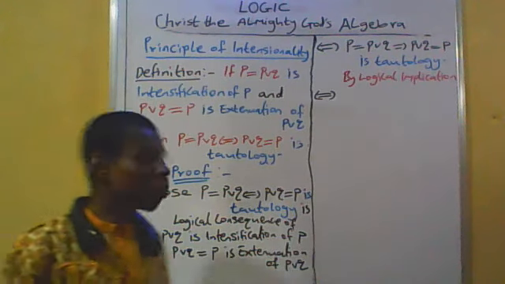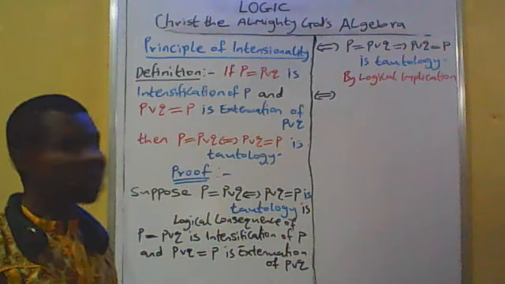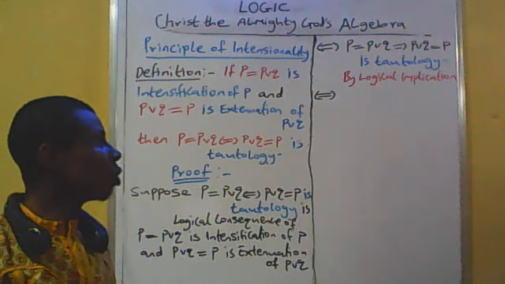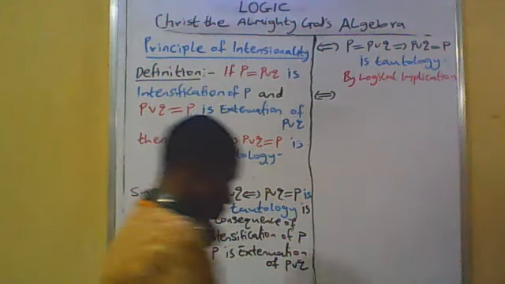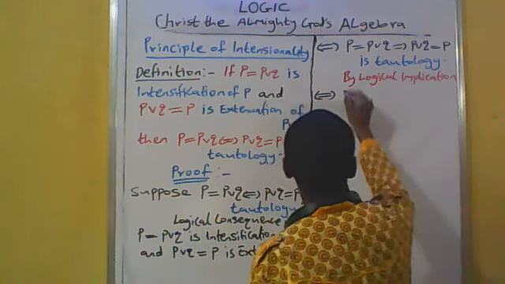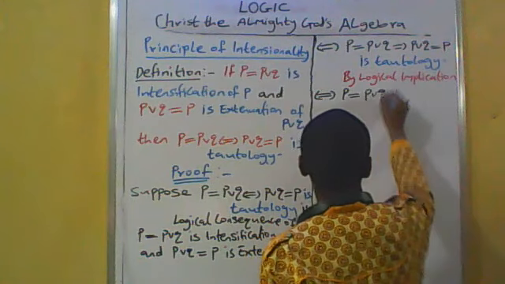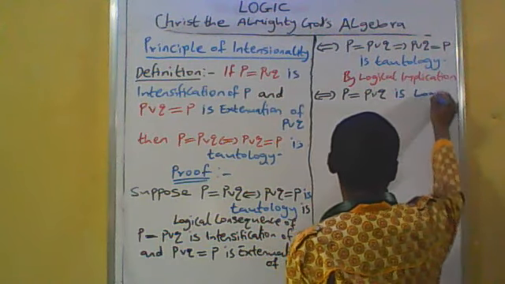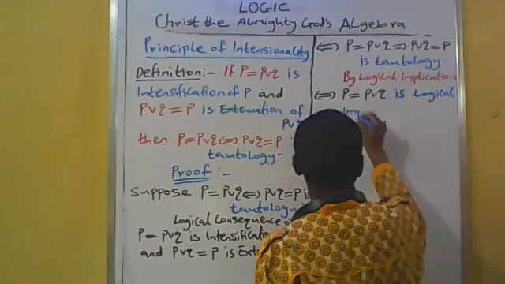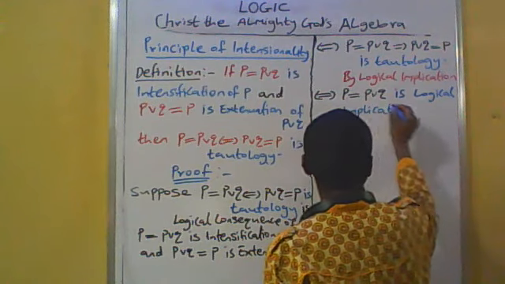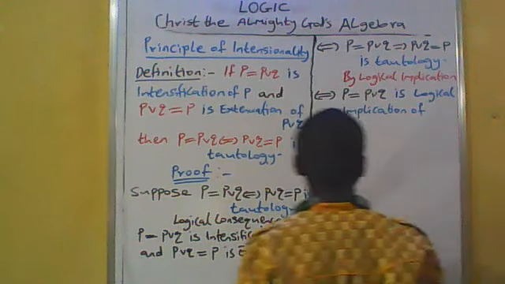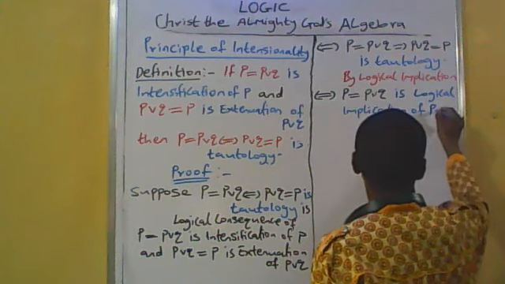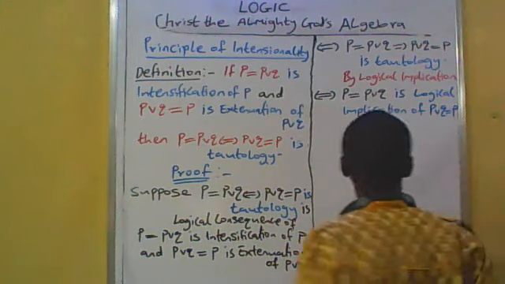And if it's certain that P equal to P or Q exists, we then say that P equal to P or Q is a logical implication of P or Q equal to P, if and only if P equal to P or Q is a logical implication of P or Q equal to P.